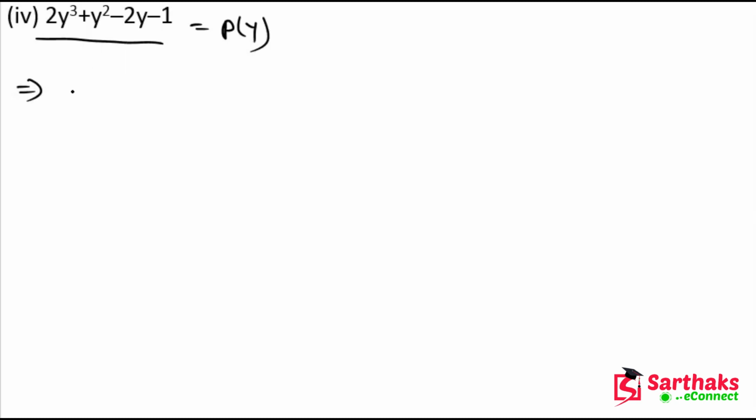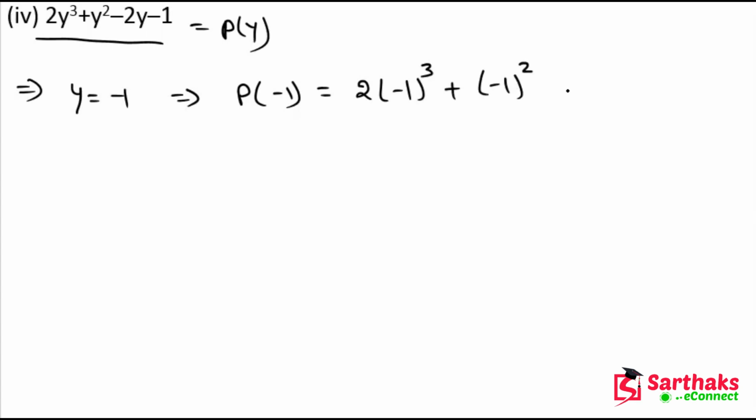So let's suppose we are checking at y equals minus 1. We are checking for y equals minus 1. So we get, my dear friends, p of minus 1 is 2 into minus 1 cube plus minus 1 square minus 2 into minus 1 minus 1. Okay, so we get minus 2.